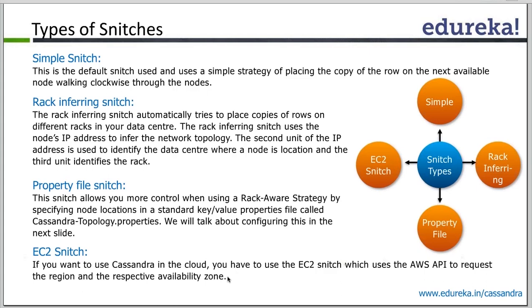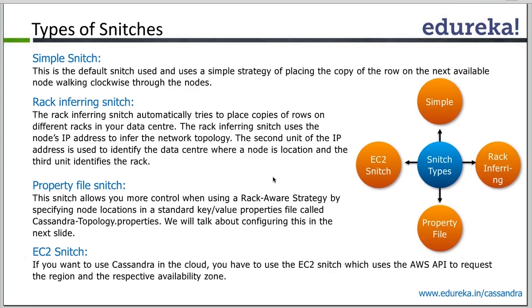That's the reason the EC2 snitch uses Amazon's AWS API to determine the actual location of your node in the cluster, and then uses those APIs to route efficiently inside the Amazon cluster. That's why the EC2 snitch is used when you are setting up your cluster inside Amazon EC2.